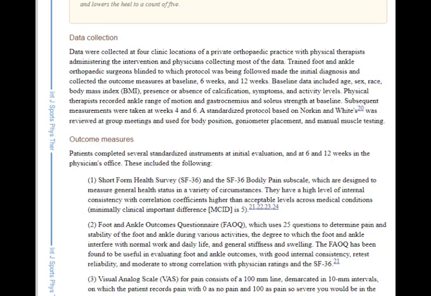So those would be validated and might be a survey, a test, or a questionnaire, depending on the type of research study undertaken, whether it's quantitative or qualitative. If it's qualitative, we might be looking at interviews. In this case, they used a short-form health survey, a foot and ankle outcomes questionnaire, and a visual analog scale for pain to gather their data.